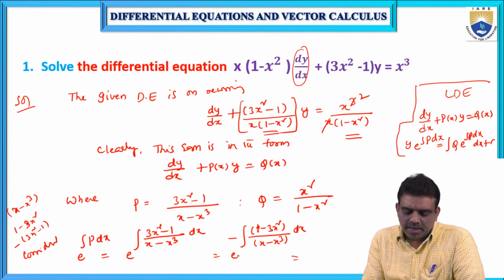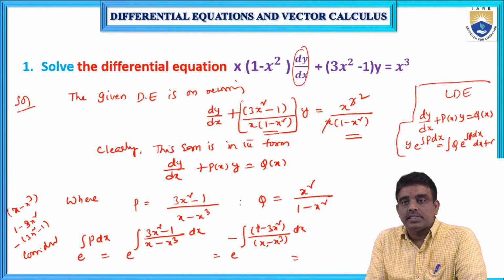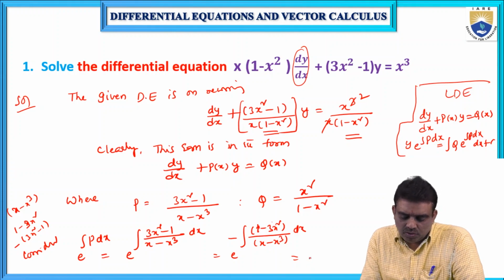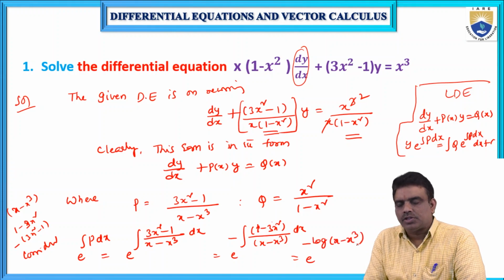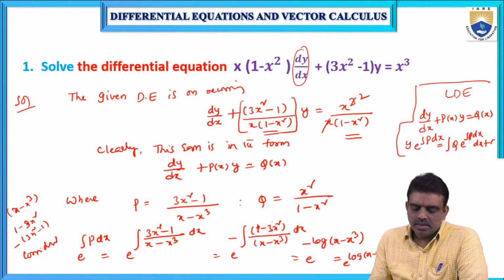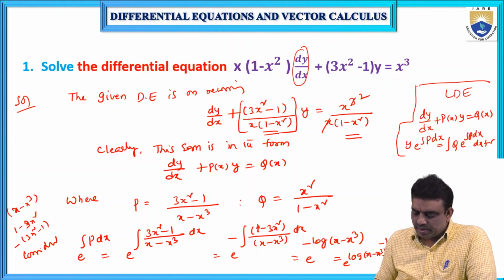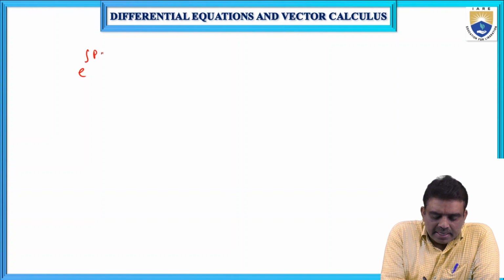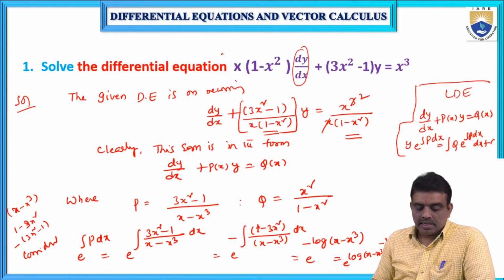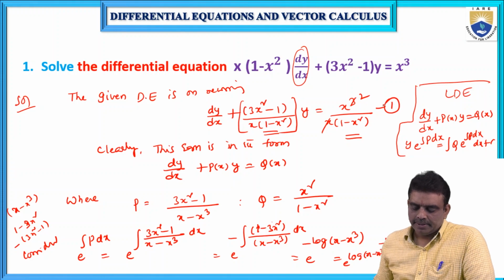So now it is in the form e^(∫f'(x)/f(x) dx), the derivative of x is 1 and of x^3 is 3x^2. Now what I can write is e^(-log(x - x^3)), which is e^(log (x - x^3)^(-1)). So the value of e^(∫p dx) is 1/(x - x^3). Call this equation number 2, and the given equation is equation number 1.